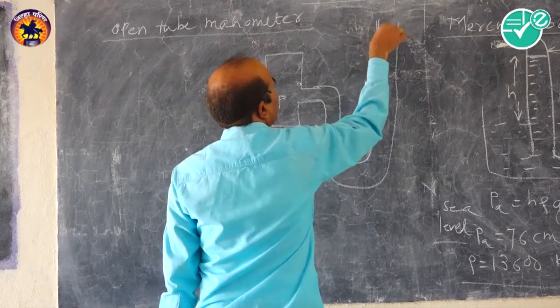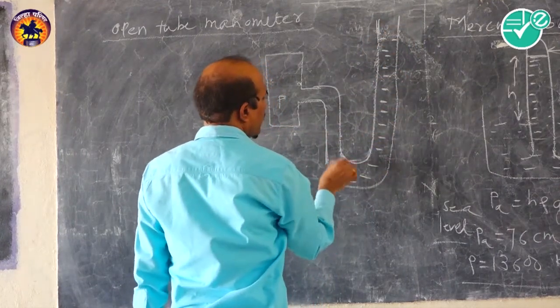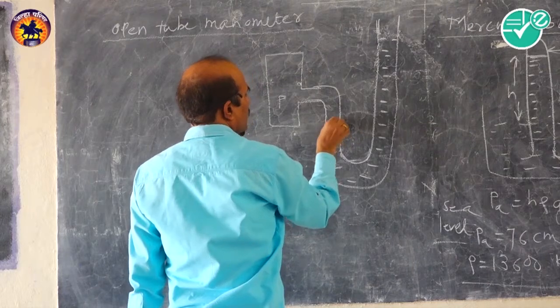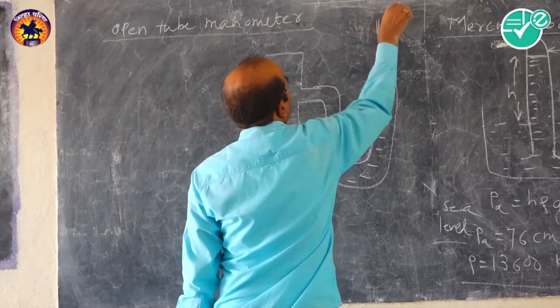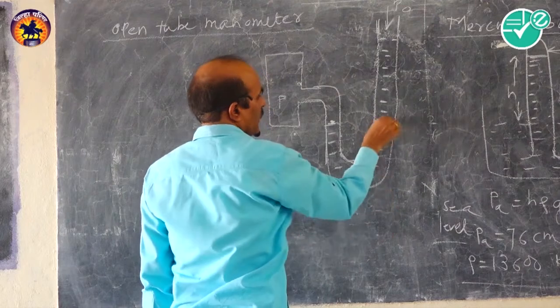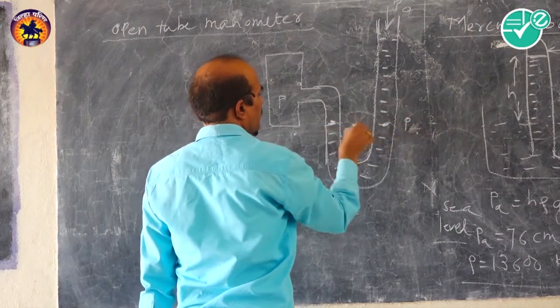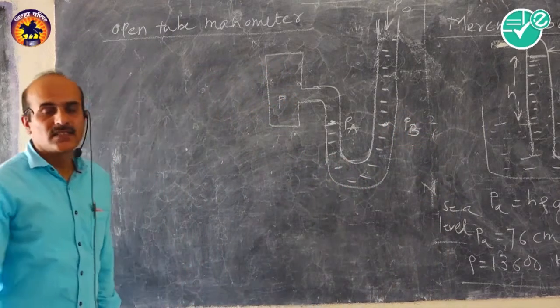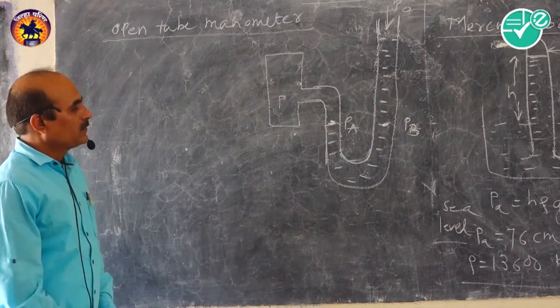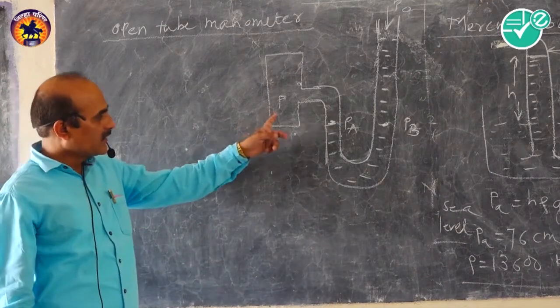A liquid is filled in here. Suppose the pressure at the open end is P0. The pressure here is PA, and the pressure here is PB. So we can determine the pressure here.